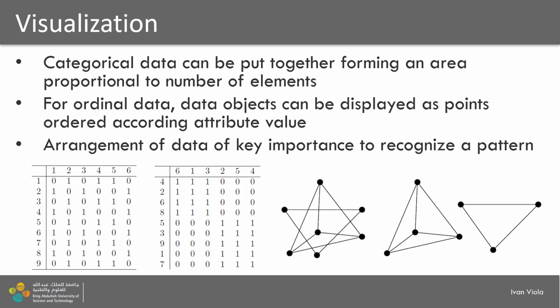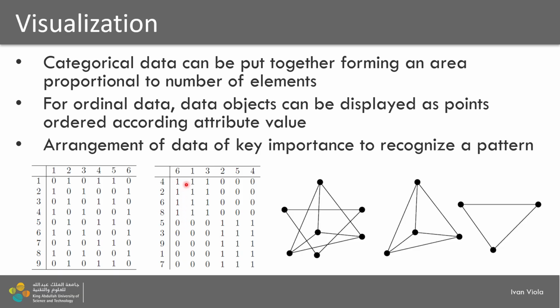Now imagine that we reshuffle the columns and also rows in this table, and we are able to find out that actually there are only two different types of data objects here, maybe persons.